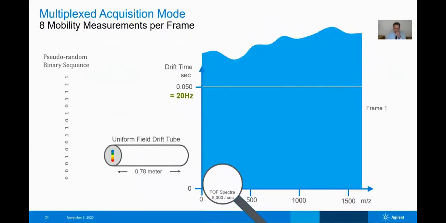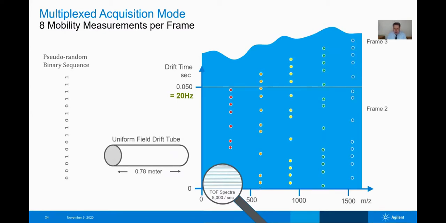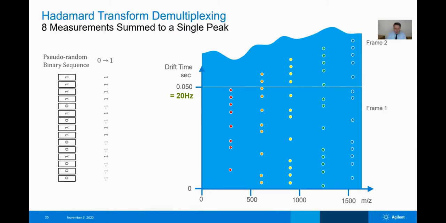First, let's make that measurement again. This is just now looking at that multiplexing, where we realize with that pseudorandom sequence, we continue to drive multiple accumulations and releases in each measurement cycle. And once again, we're acquiring that at about 8,000 TOF transients per second to be able to capture that.